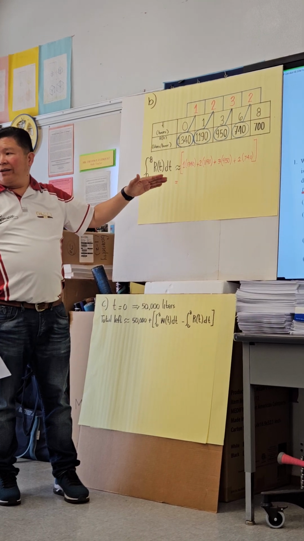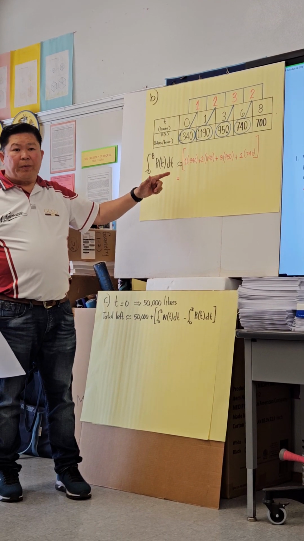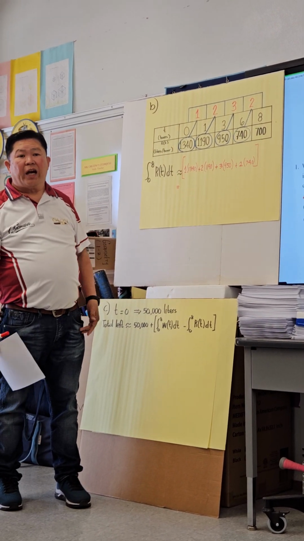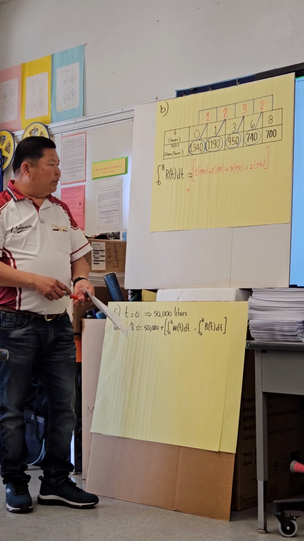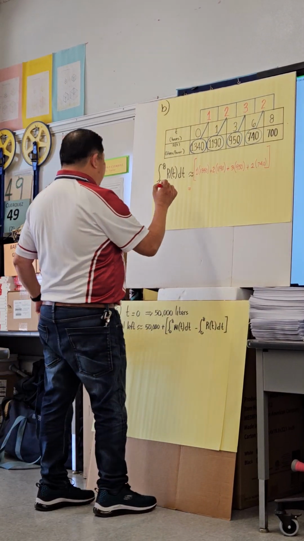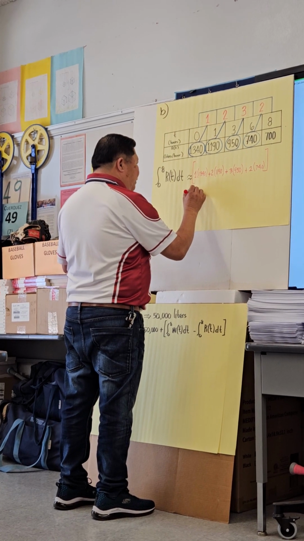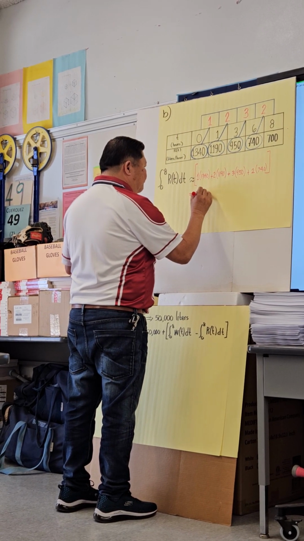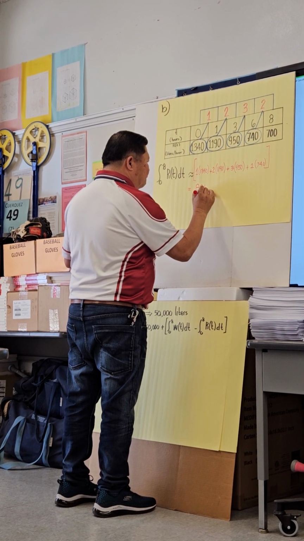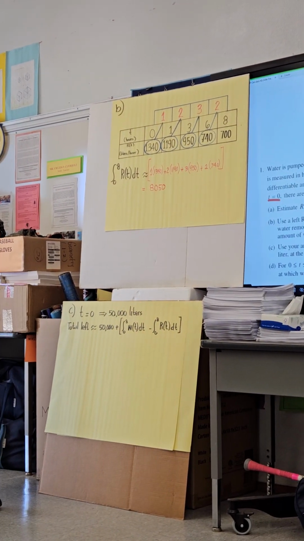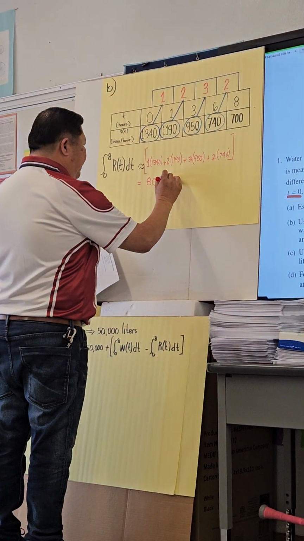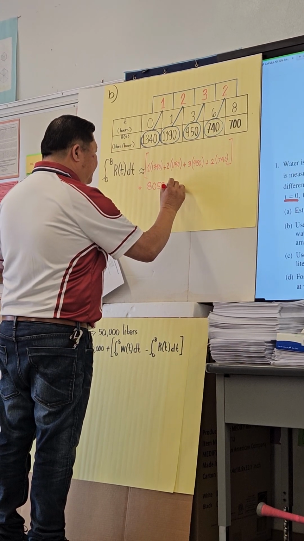You don't have to write. If this is free response questions, just to save time. Yes, Anthony, 8,050. So we have 8,050. And what is the unit? Liters? Okay, so the unit is liters.